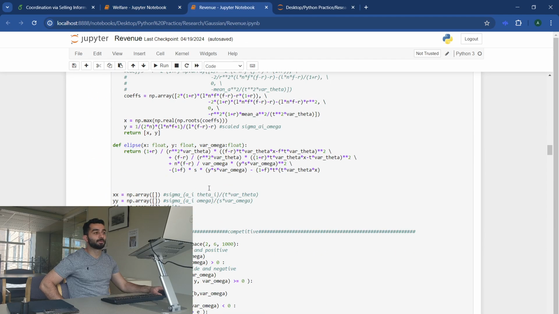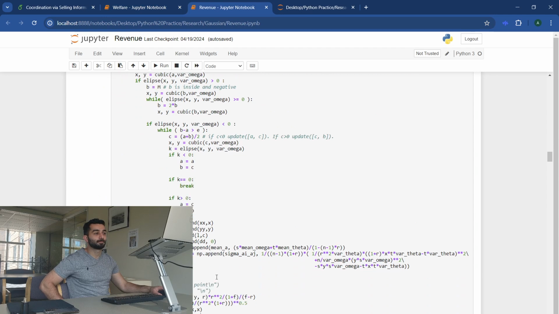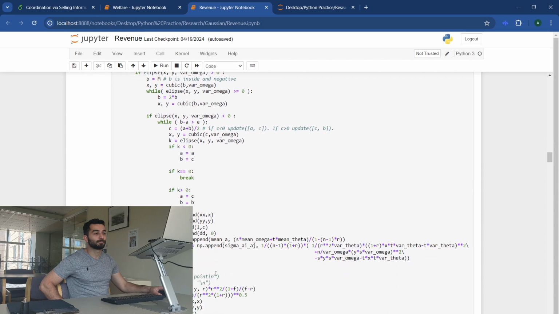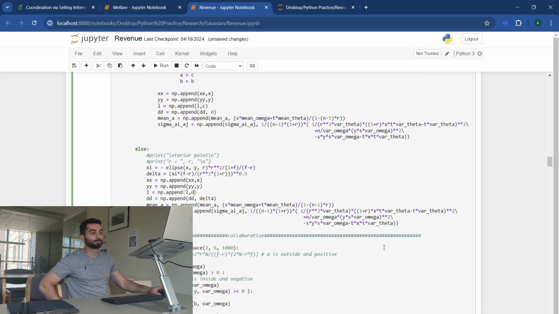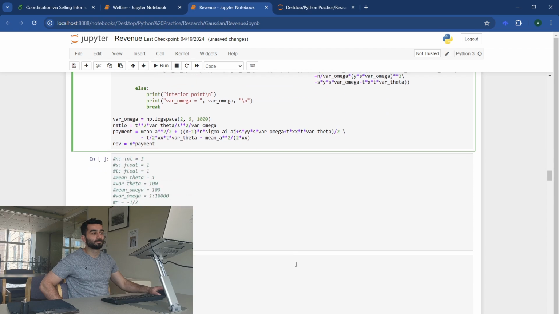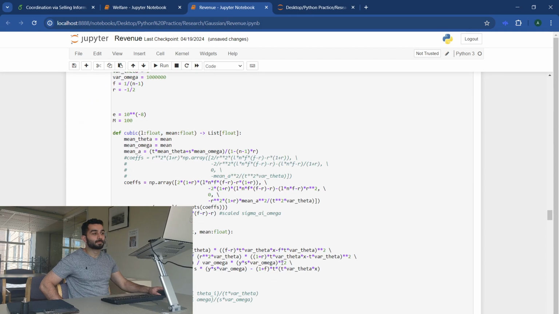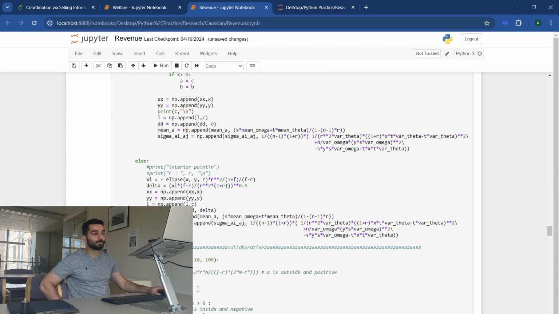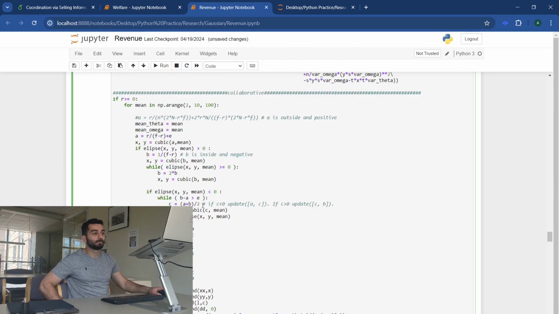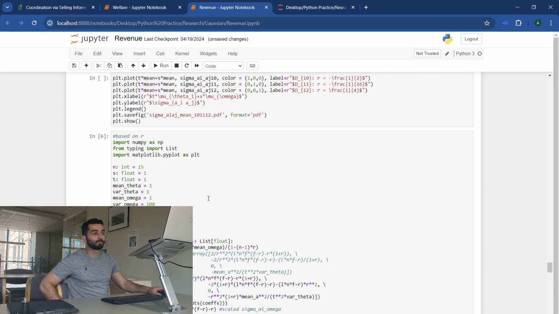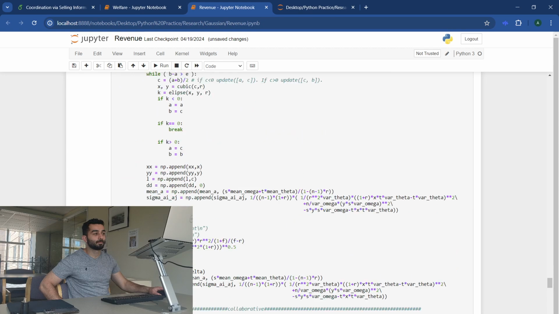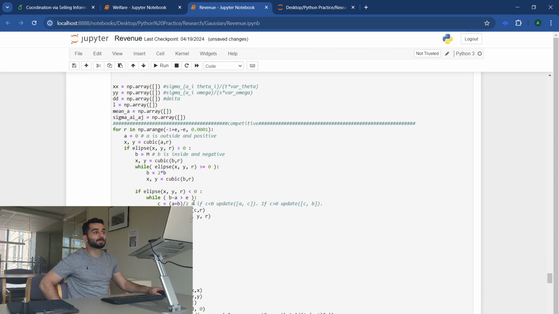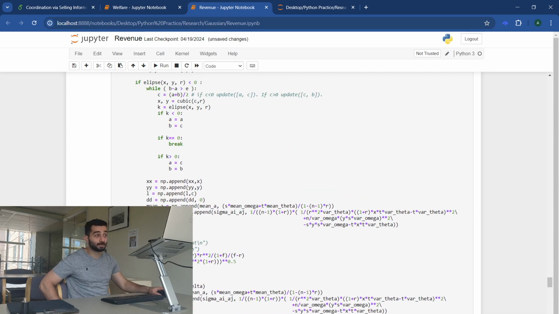But let me change the code. When R is negative, we can have interior point.